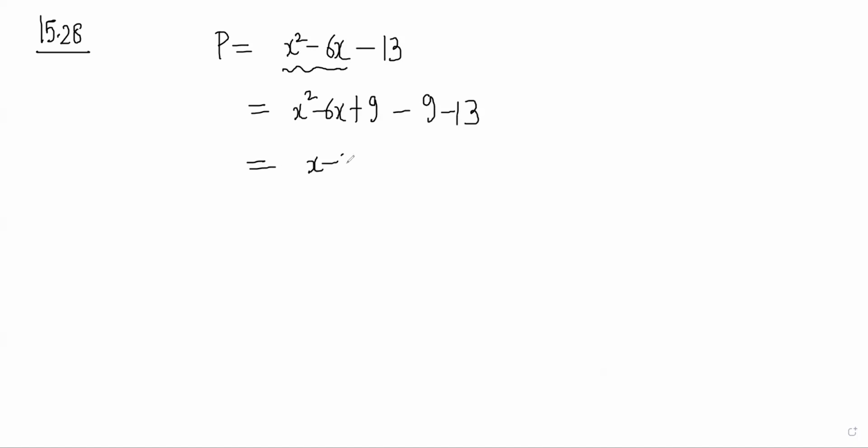I do negative b over 2a. That's not faster. It's obvious what is faster. That's why I want you to know both the ways. It's so easy to complete the square here. Answer is p can be minus 22 when x is equal to 3.